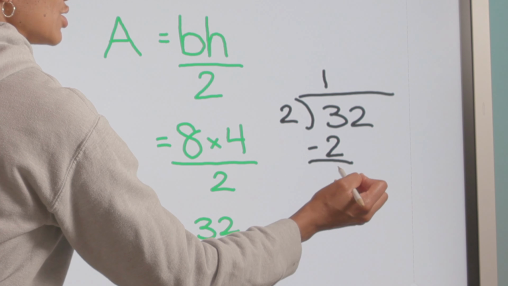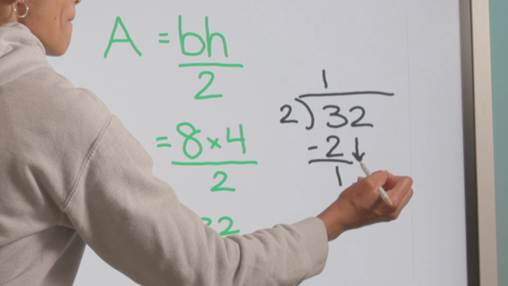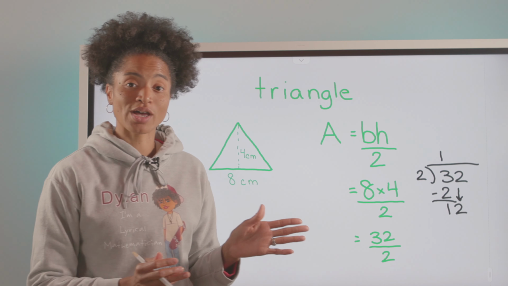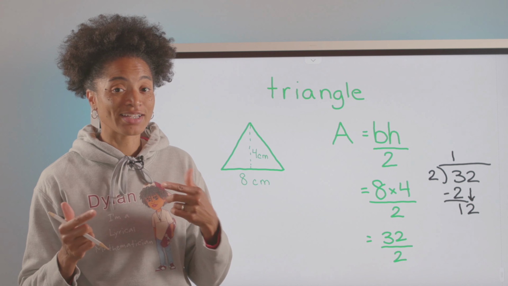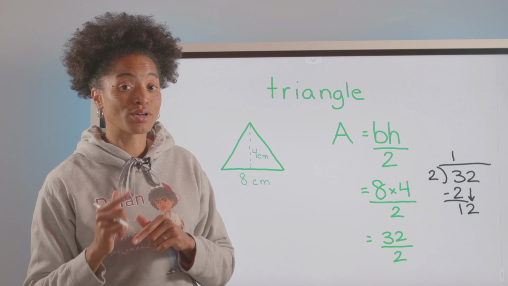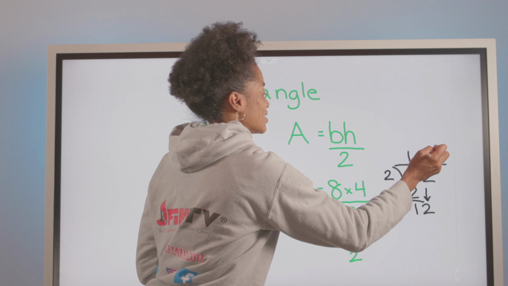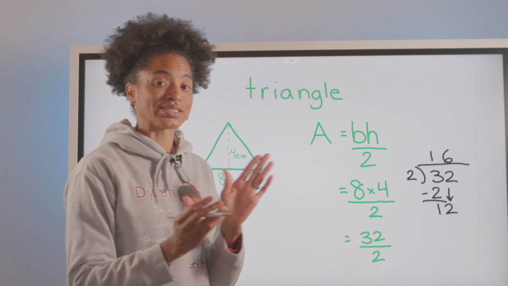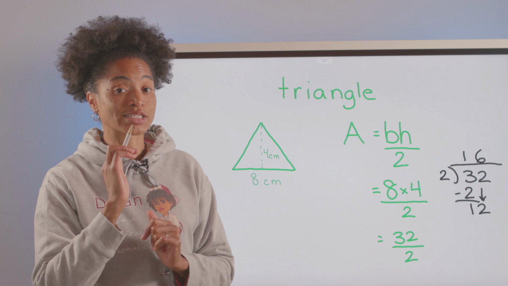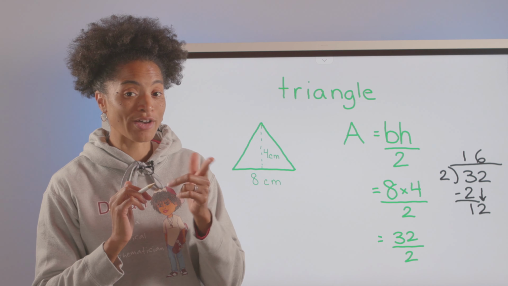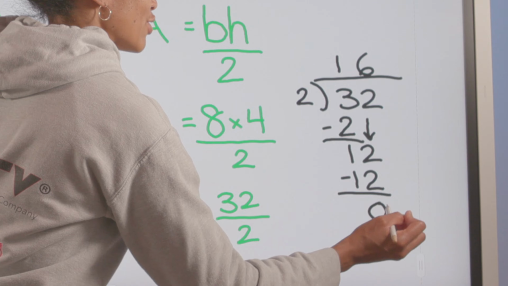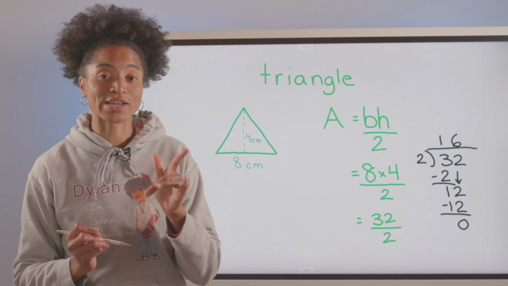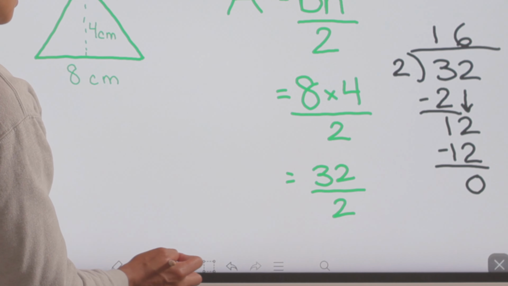Subtract. 3 minus 2 is 1. Bring down my digit 2. Now I have 12. And then I'm going to do it again. Divide 12 by 2. Put the number of groups at the top, which gives me 6. Multiply. 6 times 2 gives me 12. Put the number on the bottom. Subtract. And we get 0. Nothing left to bring down. So our final answer is 16.